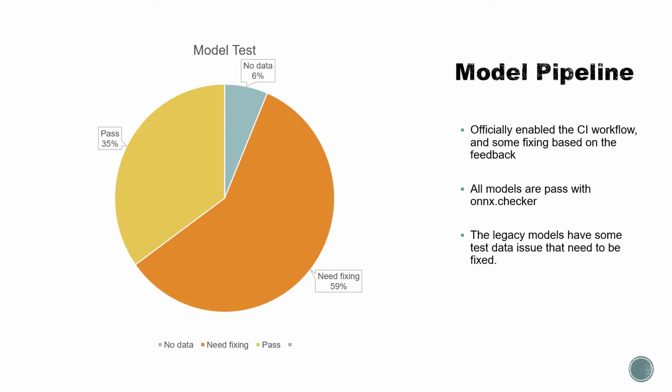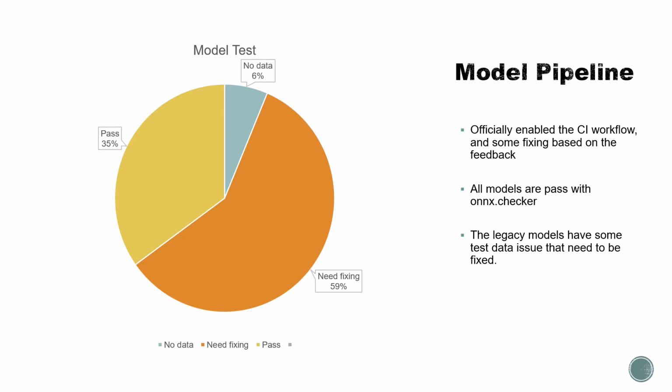In the last year, the most significant change in the ONNX Model Zoo is that we have finally set up our CI pipeline to ensure the model data quality. We also made some fixes after the pipeline was set up, according to the users' feedback when they were checking in their models. So now the pipeline is pretty stable.